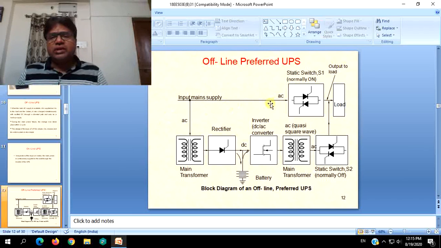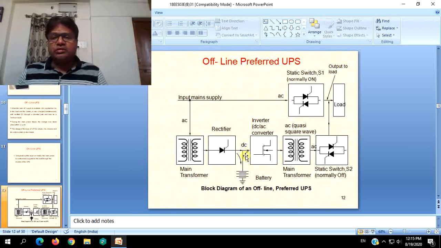And whenever the supply is off, S1 opens, which is sensed, and S2 turns on. At the same time, the input supply to this transformer is off, so the rectifier output will also become 0. Again, sensing equipment will be there, as the incoming energy to the battery becomes 0. It means that the battery starts to discharge.